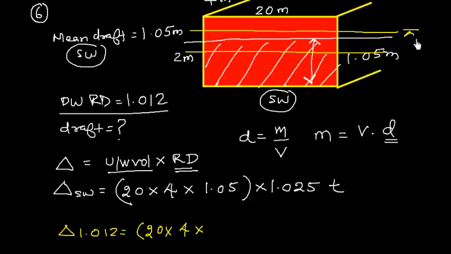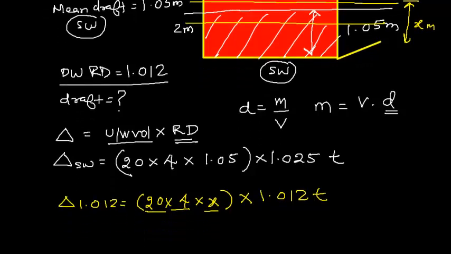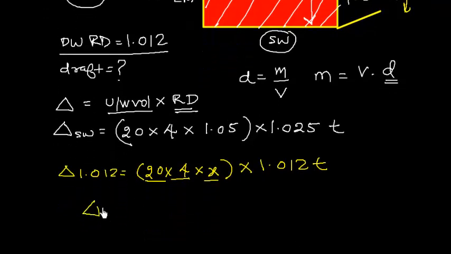So say somewhere here, say the draft is x meter. So I write here x meter into the relative density. This is the volume, length, breadth, and draft, into 1.012 ton.